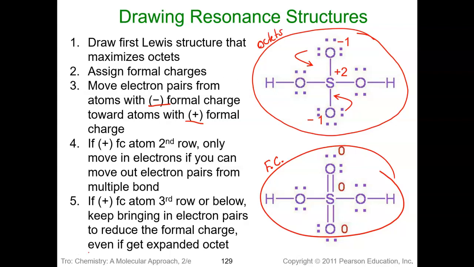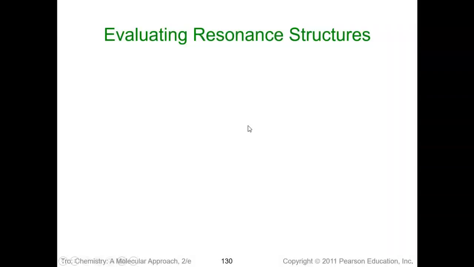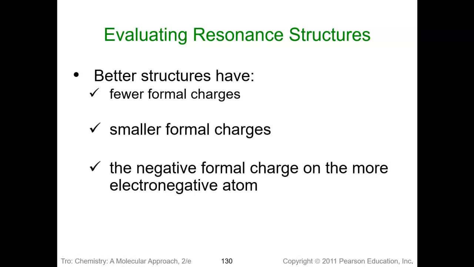So when you do your Chem 101, it'll say based on octets, what's the Lewis structure? Or it'll say based on formal charge, what's the Lewis structure? Usually it's this, and this is the special one in your Chem 101 that you're going to see in just a couple minutes. Okay, so again, how do you know which resonance structure to use? The fewer formal charges, so the fewer pluses and minuses there are, the better.